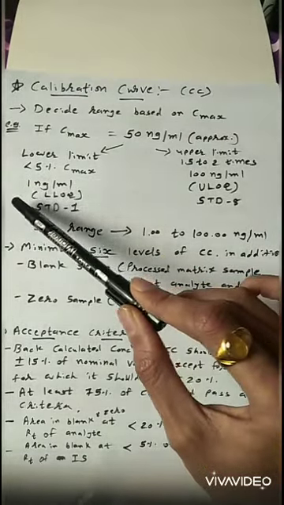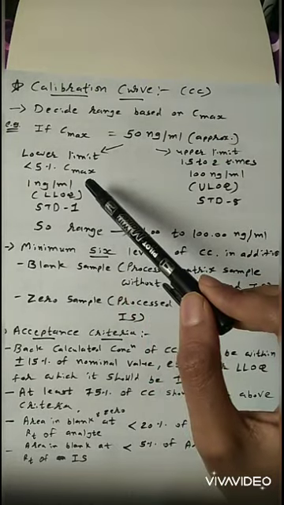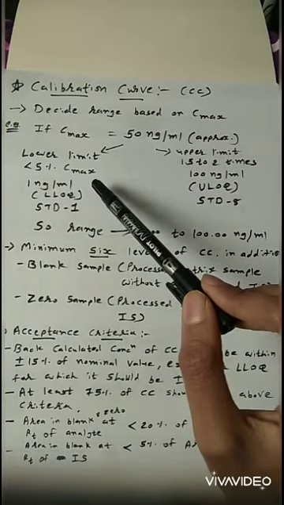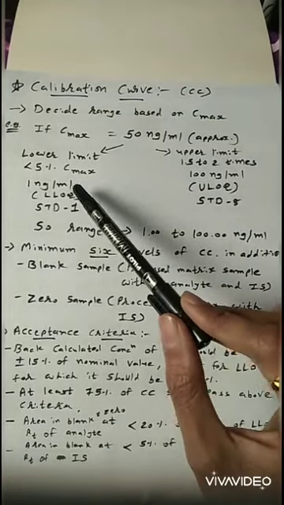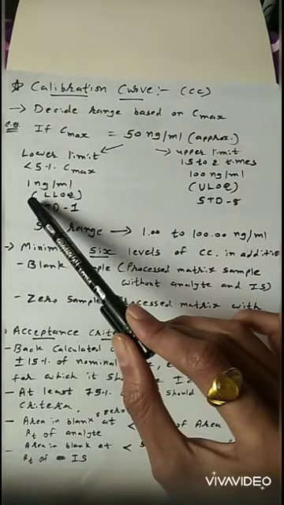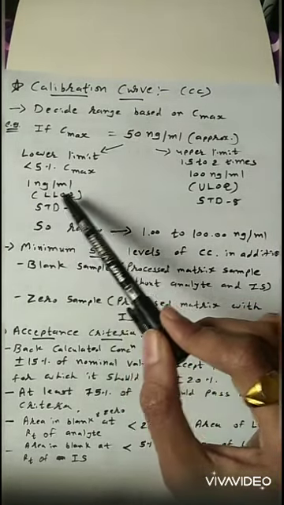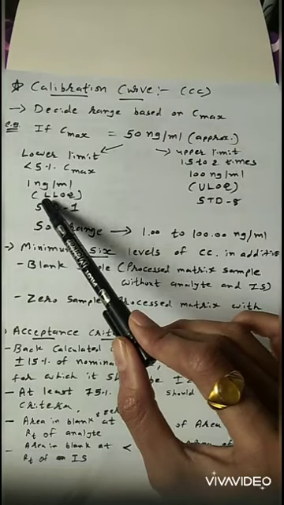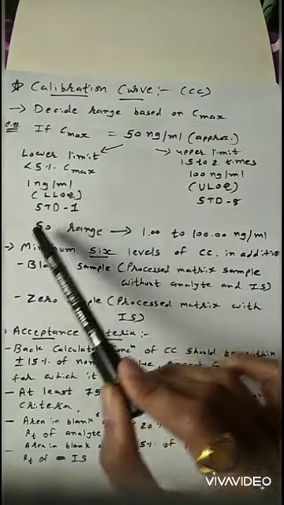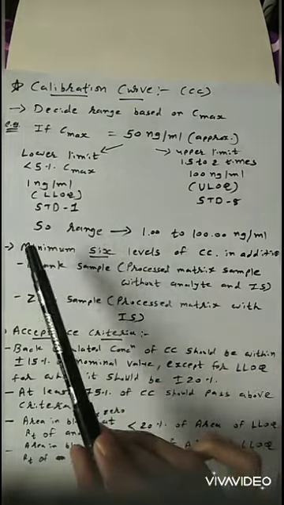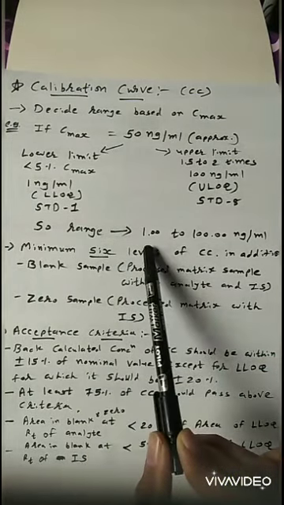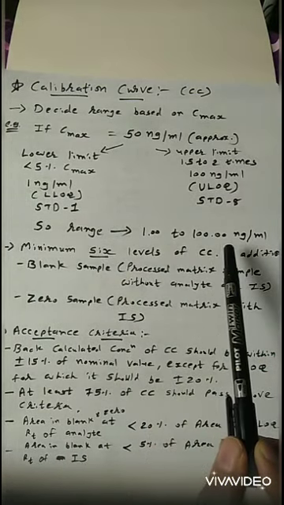It is based on our method and also on the response of our instrument. So here I will take 1 nanogram per ml, which is called LLOQ, the lower limit of quantification, which is standard 1. So in this case, our range is from 1 nanogram to 100 nanogram per ml.